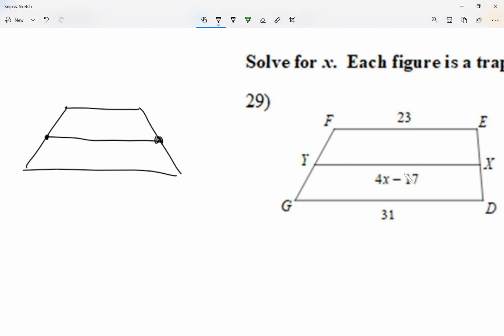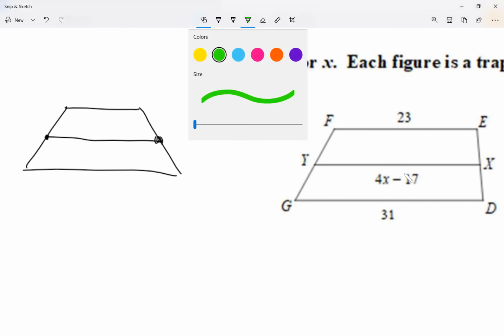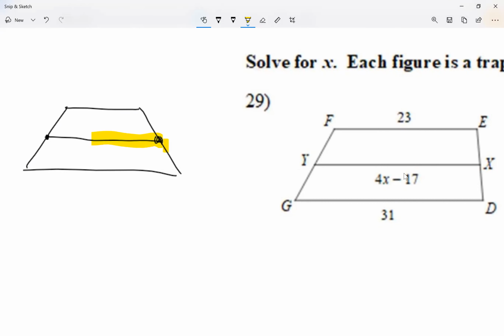Now, interesting part of the mid segment. Let me highlight the mid segment. In this case, it is parallel. The mid segment is parallel to the two sides. But the mid segment is going to be bigger than the small side, but it's going to be smaller than the big side.